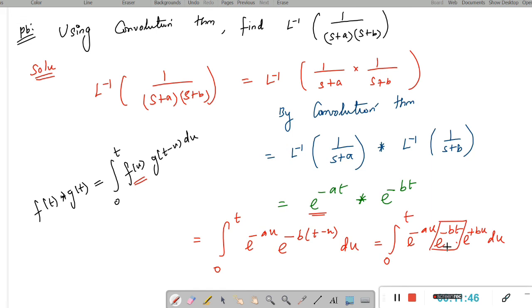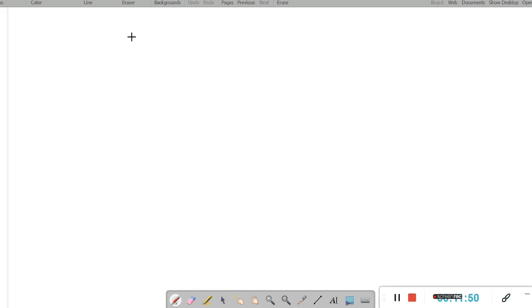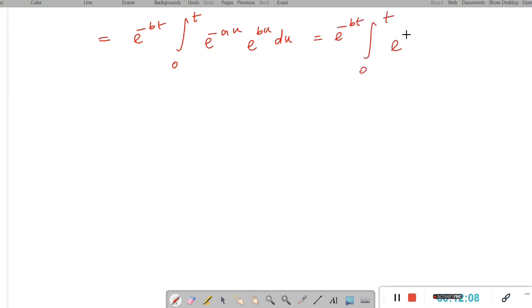You take it outside from this integration, which is equal to e power minus bt integral over 0 to t e power minus au e power bu du. Try to write e power minus bt integral over 0 to t e power minus a minus b into u du.